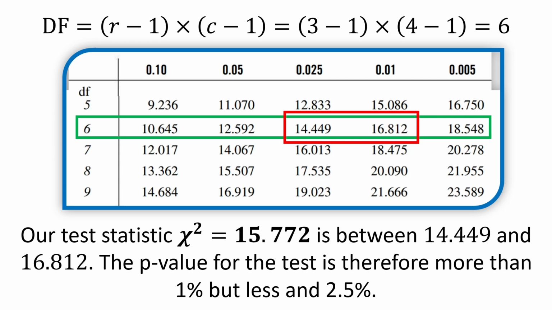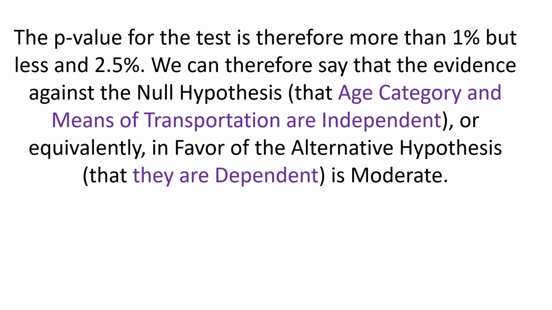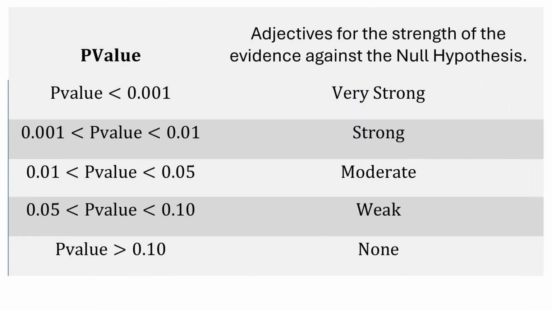And so now we can use this p-value to say something about the strength of the evidence against the null hypothesis, or equivalently in favor of the alternative. We can therefore say that the evidence against the null hypothesis, or in favor of the alternative, is moderate. And why do I say moderate? Because of this table. We're in this interval.